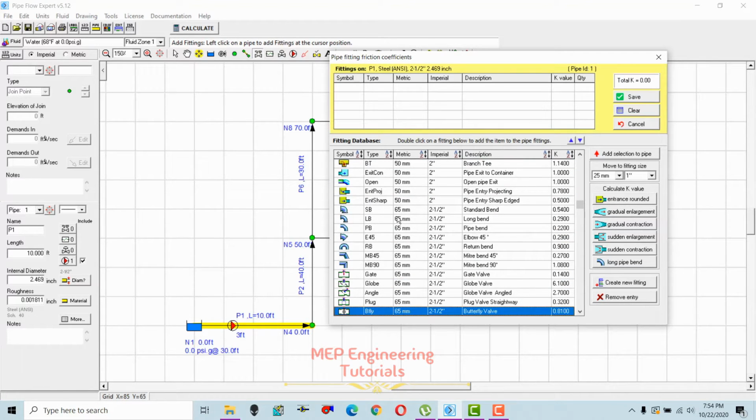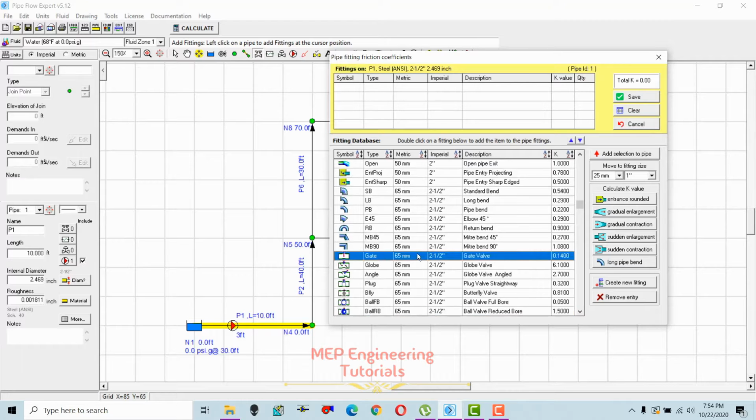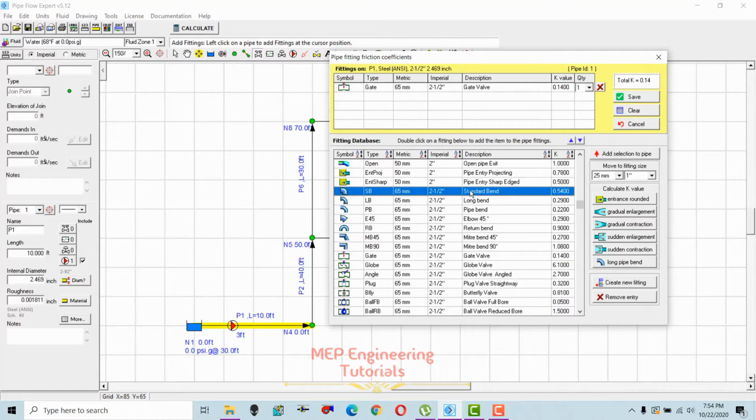So there I have a gate valve, this one 2.5 inches. Just select this one, add to the pipe section, and after that there will be an elbow at this node. So I'm going to place one elbow also, that is a standard bend, 2.5 inches. The K value is 0.54, you can see in here.